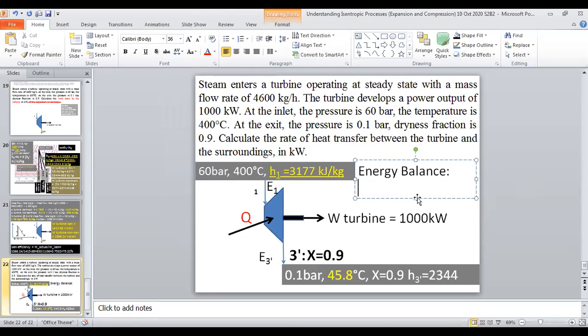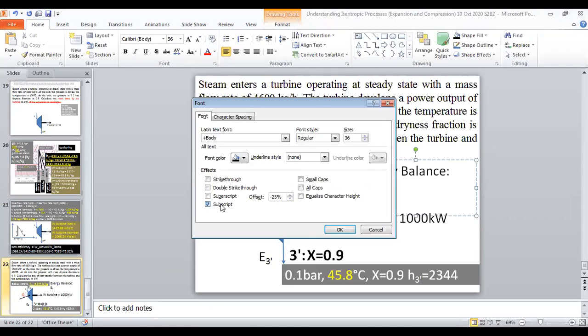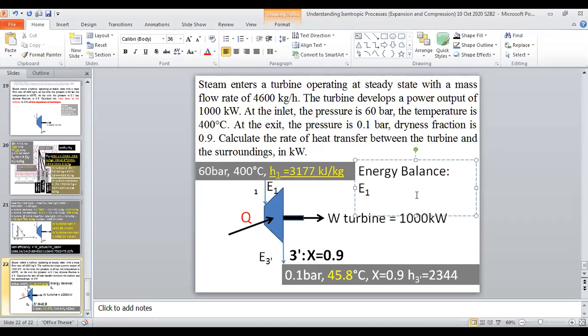See here, as I say, for the turbine, E1 is coming, according to the arrows. Then you have Q also coming in.